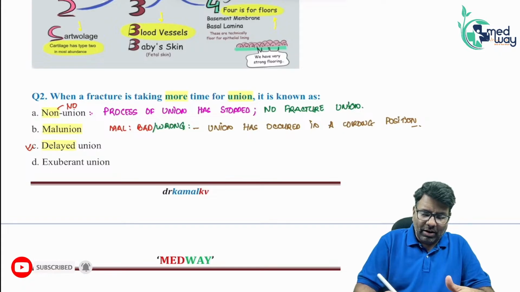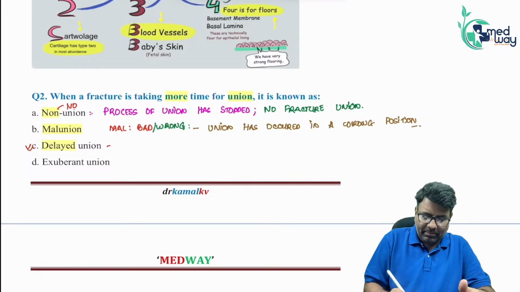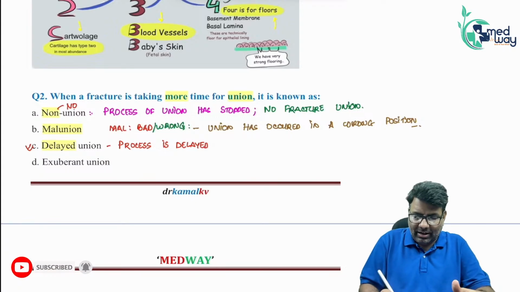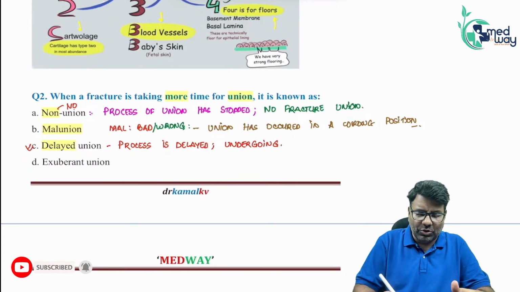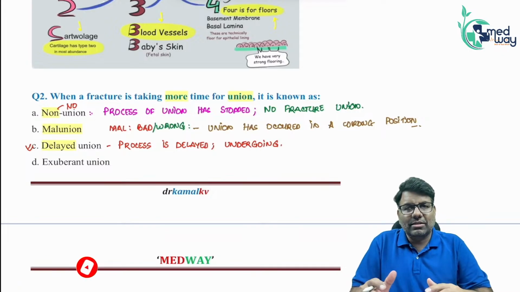Then delayed union we have already discussed, like the process of union is delayed, but it's undergoing, it hasn't stopped, it is taking a little bit more time, but the process is continued.